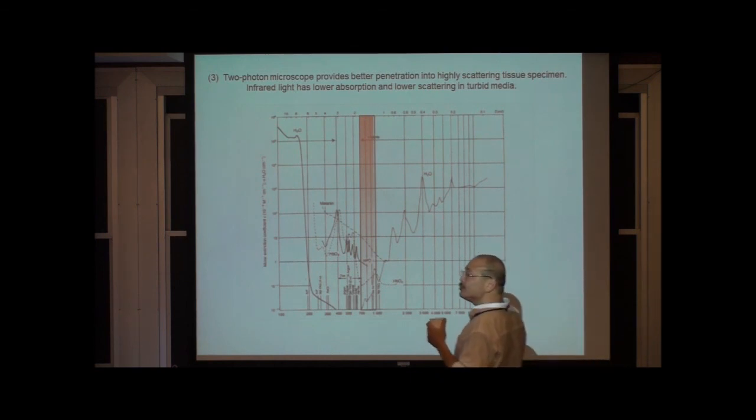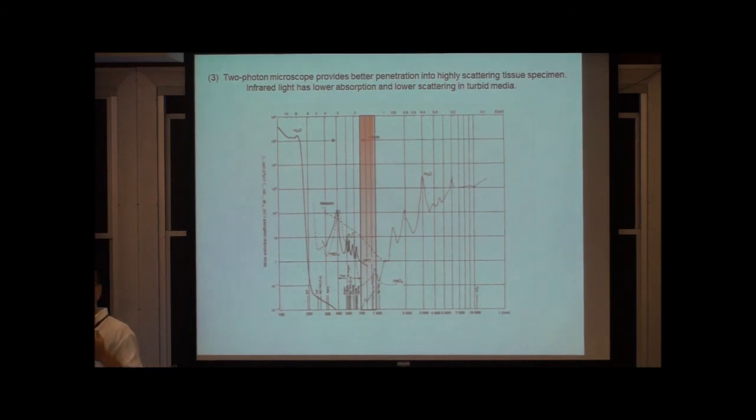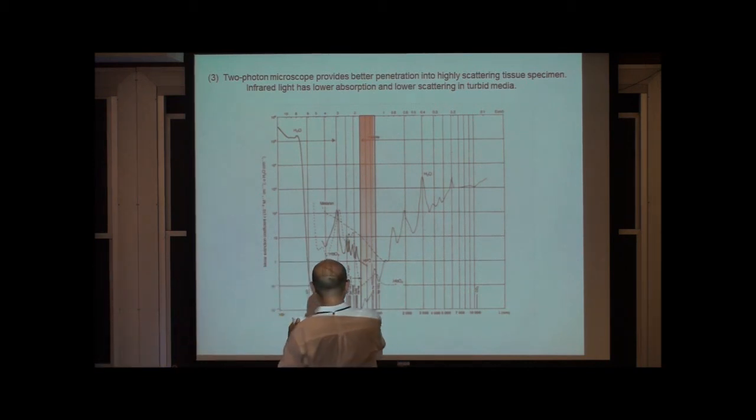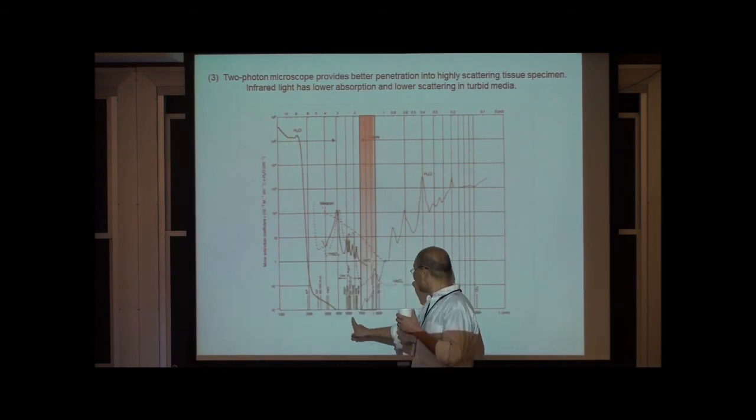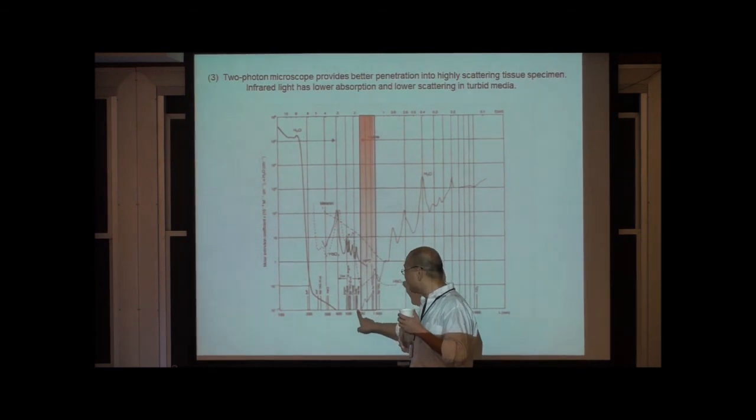So there are two reasons that two-photon can go deep. Number one, in order to generate fluorescence, you are typically using blue light or UV light. But in this case, you are using infrared, and infrared has less absorption in tissues. This is wavelength. This is about 700 to 1,000 nanometers, which is the infrared wavelength region.